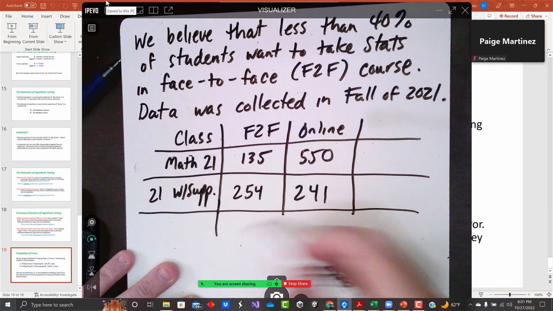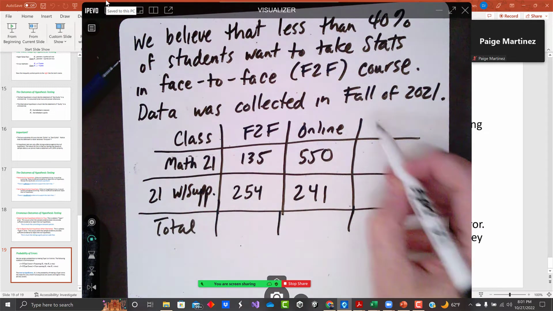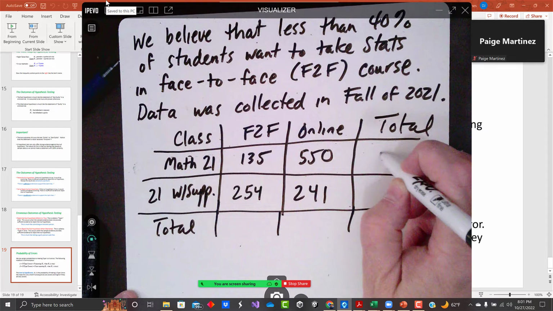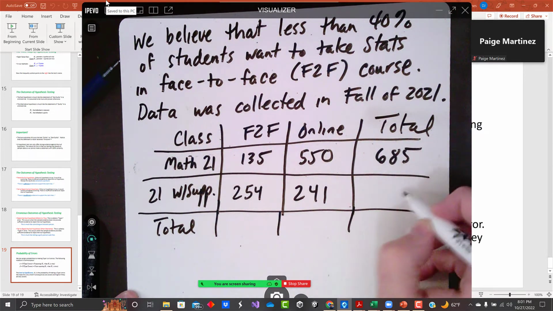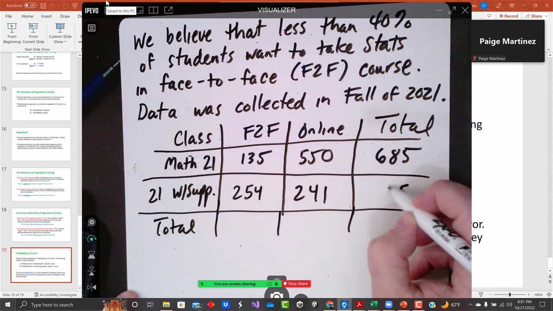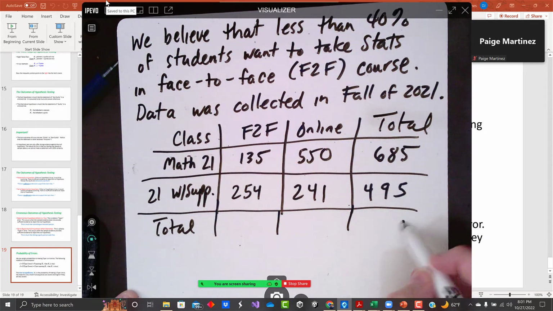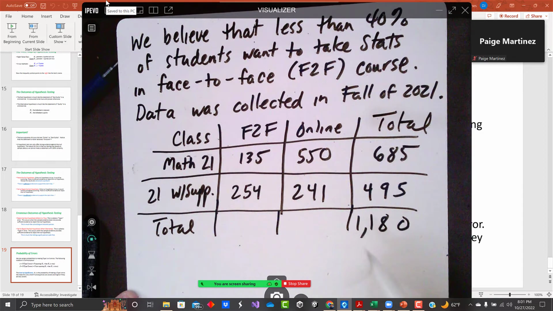So if I get some totals here, total, 135 plus 550 is 685. 254 plus 241 is 594. I get a 0, I get an 8, I get 11. 1,180.